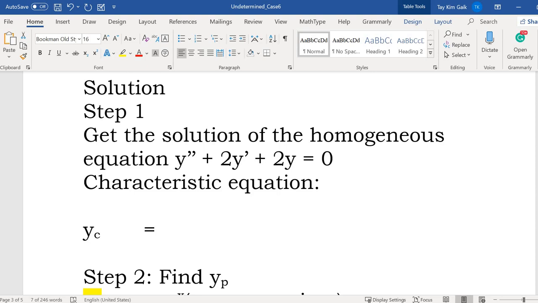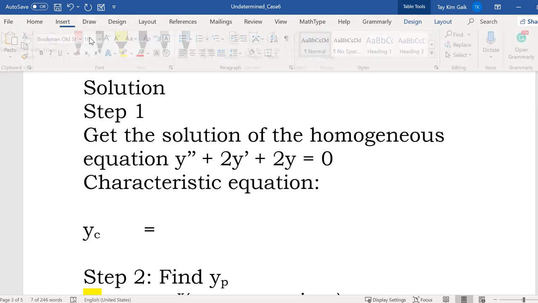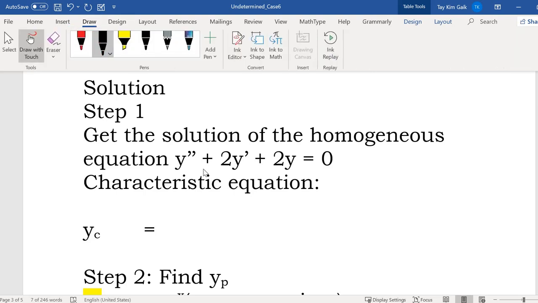To solve that, first of all, we get the characteristic equation by letting the second derivative be m squared, the first derivative be m, and y be 1, or m power 0.